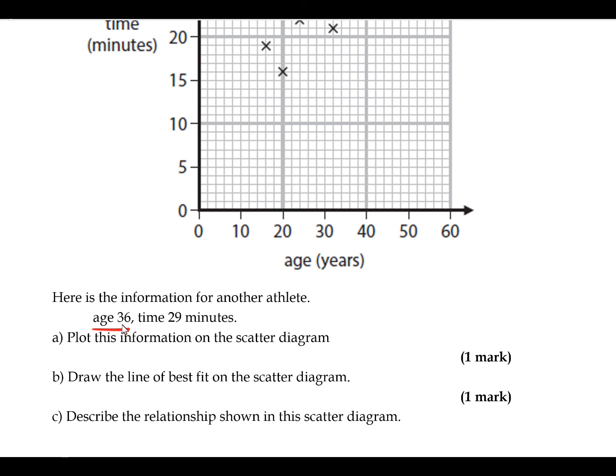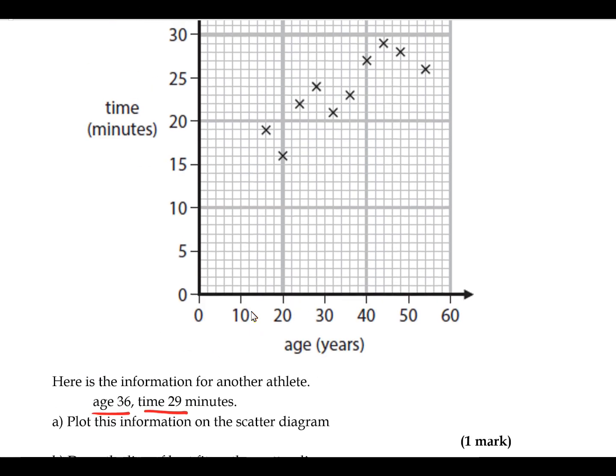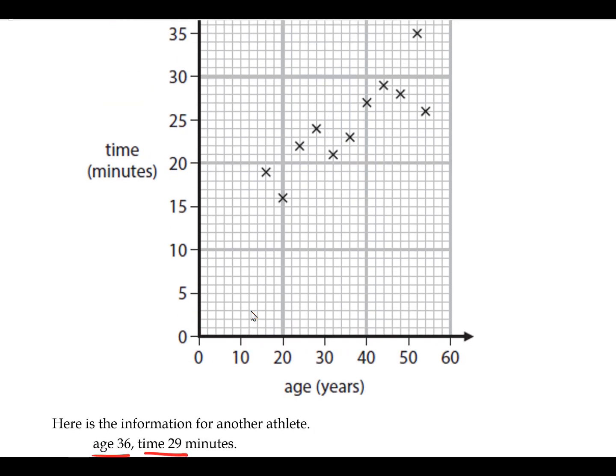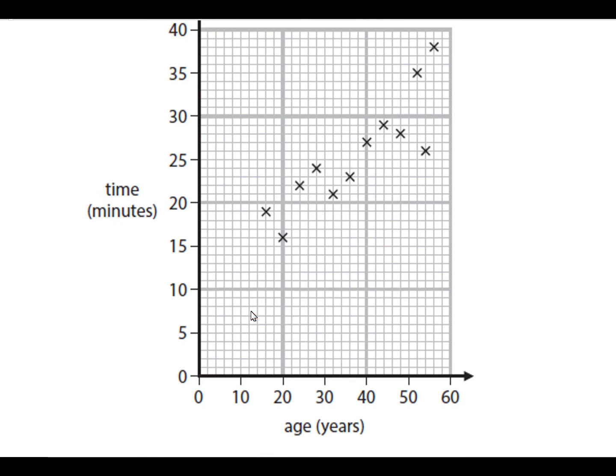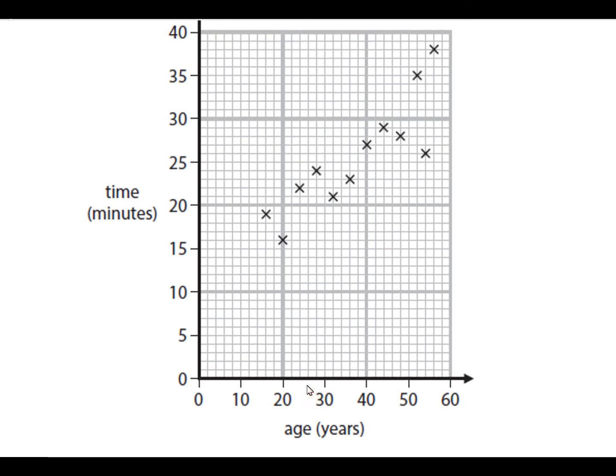So another athlete who's 36 years old runs 29 minutes, and we need to put that on the diagram. So we've got an age of 39, so he's 39 years old, and he does it in 26 minutes. So we put a little cross there for our 1 mark.